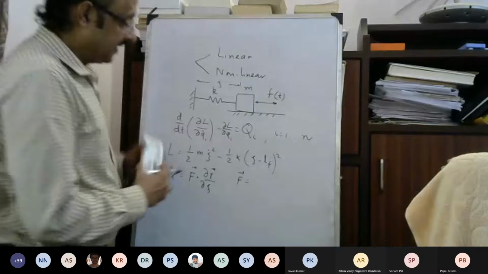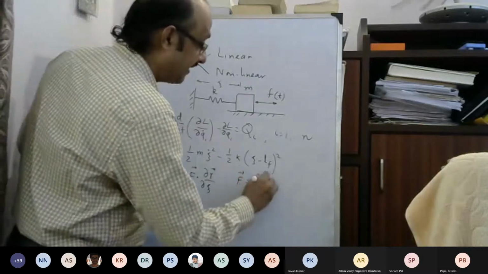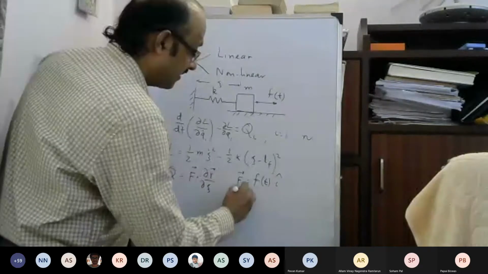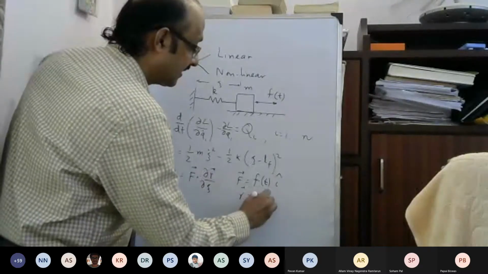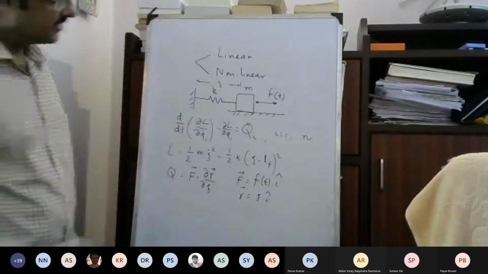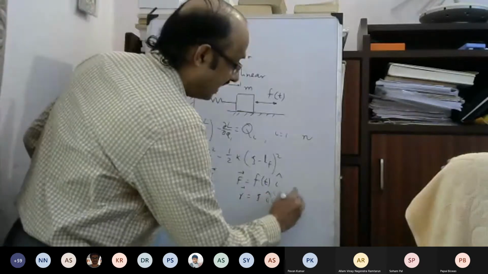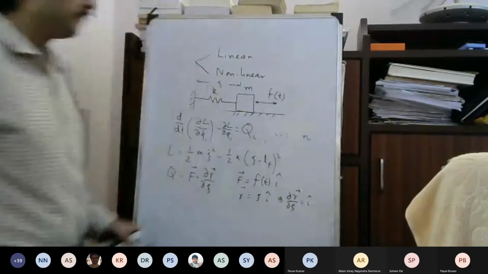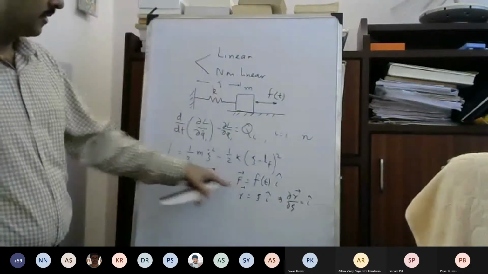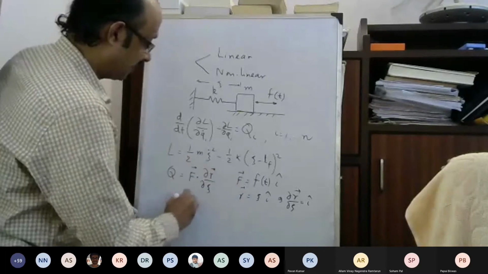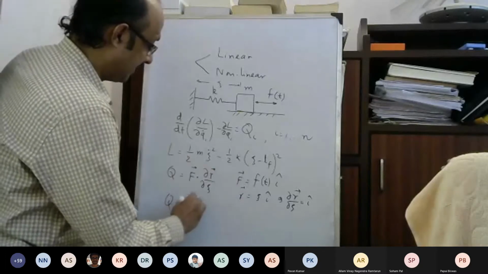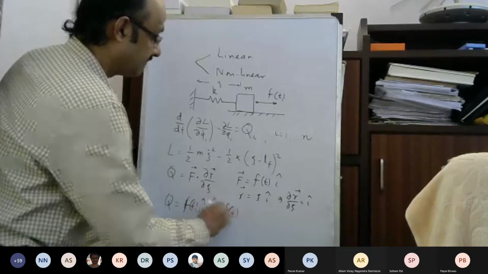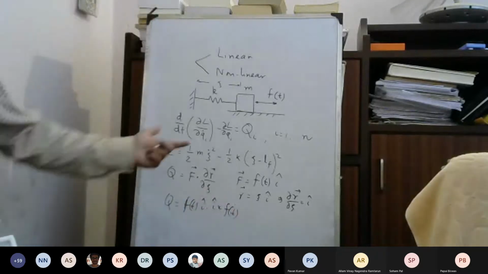So F is equal to F(t) in the i direction, and r is nothing but zeta i. So in this case, del r del zeta is nothing but i, and F dot i gives Q equal to F(t).